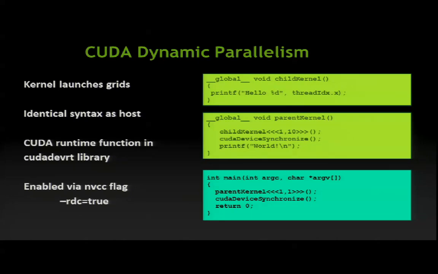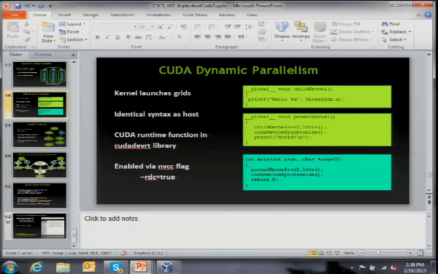Oh, sorry, not the printf, but the device synchronize function here, another function that is being called. Given that we call device synchronize from within the parent kernel, that requires that we load a special form of the runtime library. So we need to load the cudadevrt library as well. But let's look at this in practice.